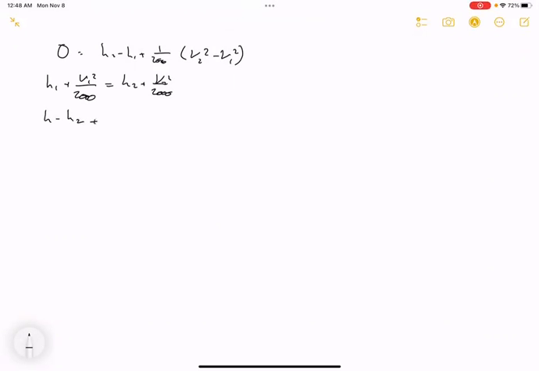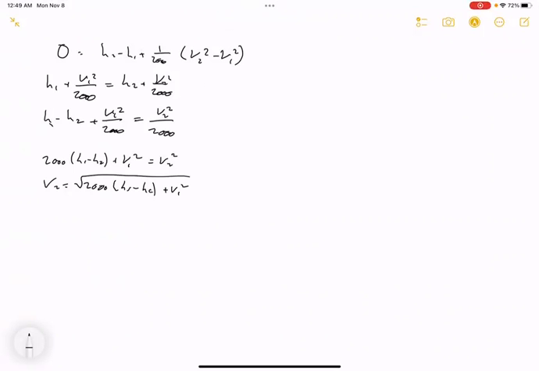H1 minus H2 plus V1 squared over 2,000 equals V2 squared over 2,000. Then if we multiply by 2,000, we get 2,000 times H1 minus H2 plus V1 squared equals V2 squared. If we take the square root of that entire expression, we should end up with something that will let us solve explicitly for V2.